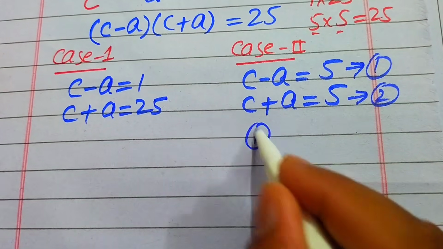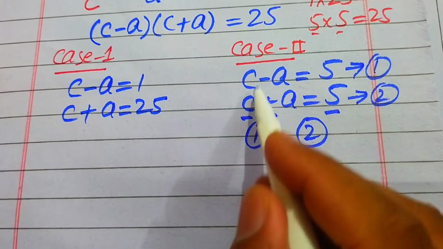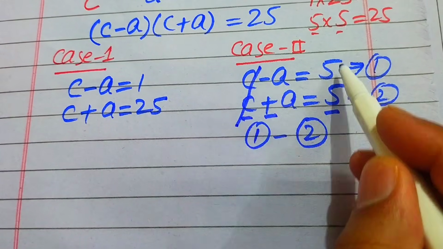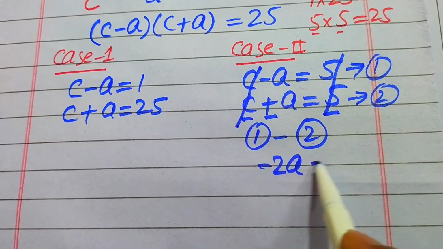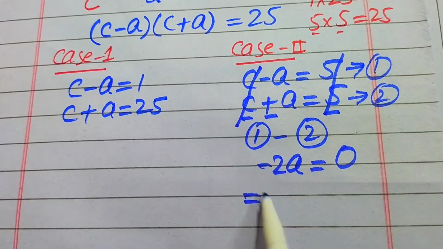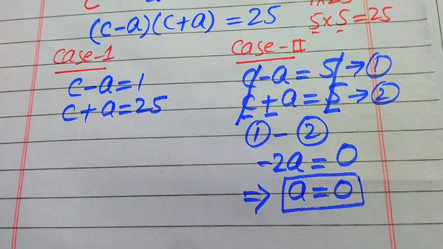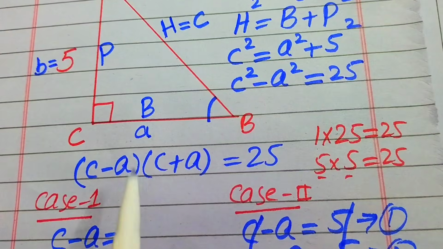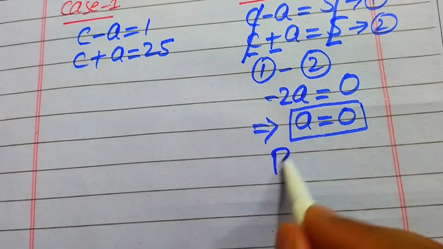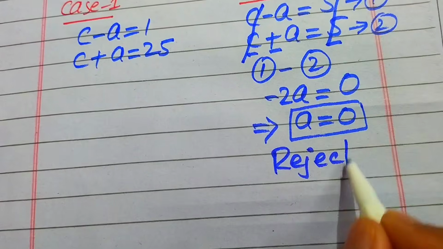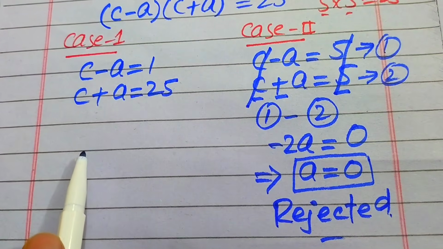When we subtract equation 1 and 2, the positive and negative c are gone, the positive and negative 5 are gone, and we get minus 2a equals 0, which implies a equals 0. If a equals 0, it means that the base of this right triangle is 0. This is not a possible case, so we reject this case and proceed with the first case only.